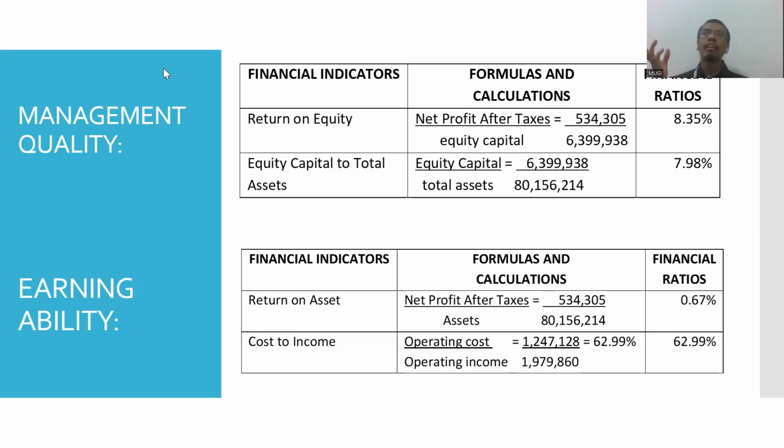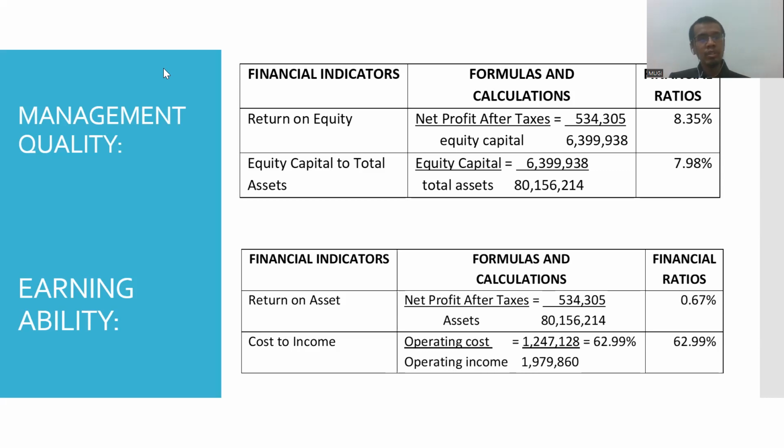They said that the inflation rate in Malaysia in 2021 is only around 2.5%. So if you get the return on equity of 8.35%, I think it's quite nice, because it has exceeded the inflation rate, around 3 times above the inflation rate in your country.